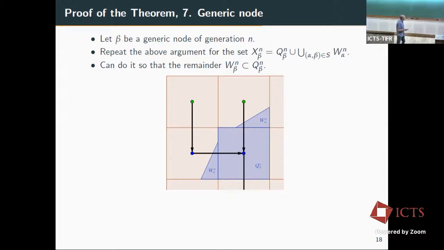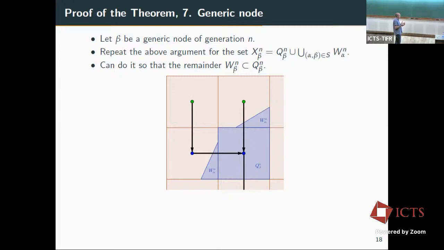So this is the cube Q beta. And then you extend, and when you extend, you include all these triangles here, which were the remainder of the previous regions. This can be done, it's just the same argument, and I'm not going to repeat it, but it works just as well. So eventually, this allows you to construct all your regions.